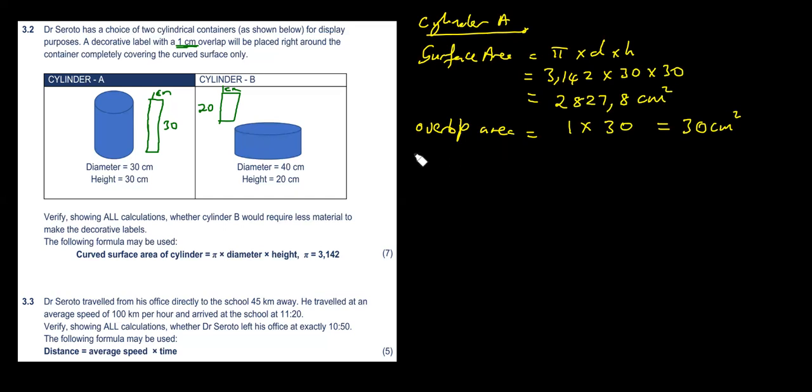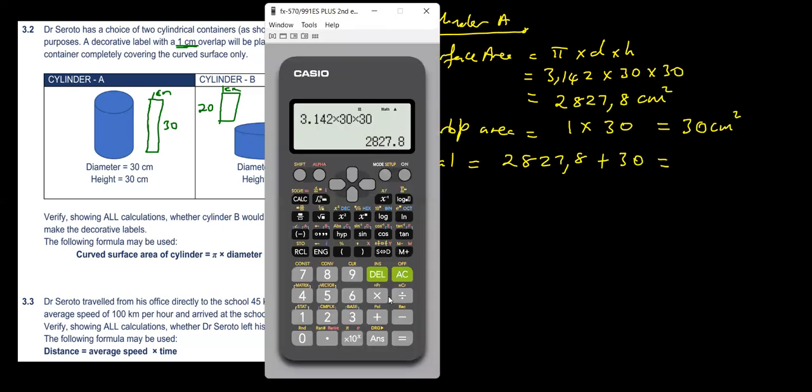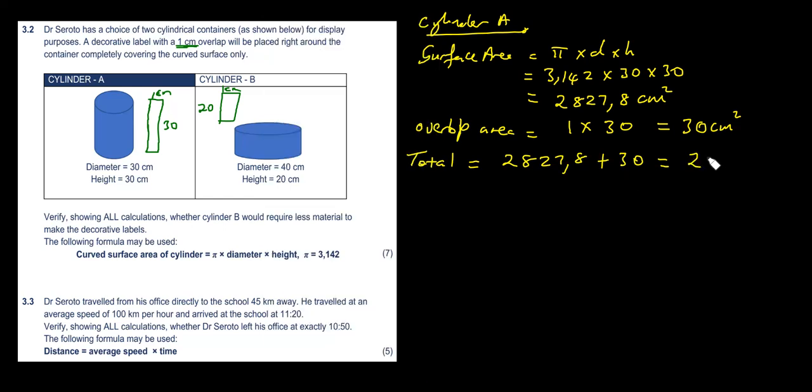So the total here for cylinder A is going to be equal to 2,827.8 plus 30, which is going to give us 2,857.8 square centimeters.